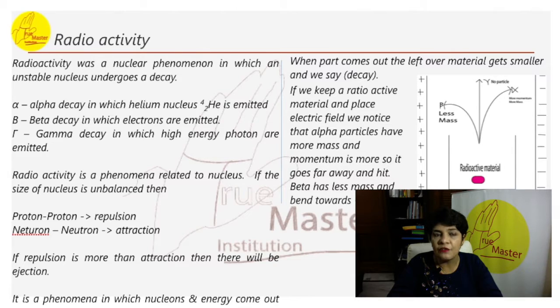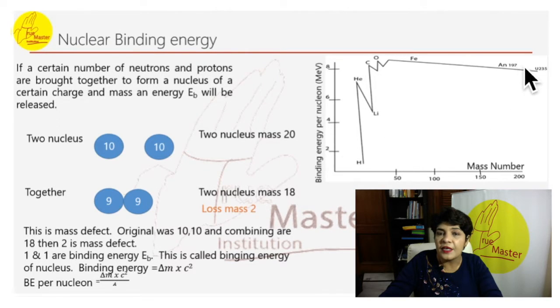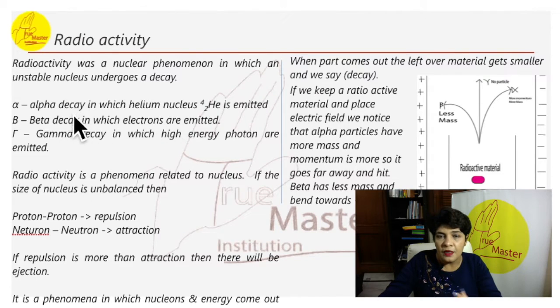Radioactivity is a nuclear phenomenon in which an unstable nucleus undergoes decay. Decay means breaking down. So we have unstable uranium here, and all the radioactives here are unstable. So these are going to break easily. These are radioactive, and when they decay, they emit alpha, beta and gamma particles.